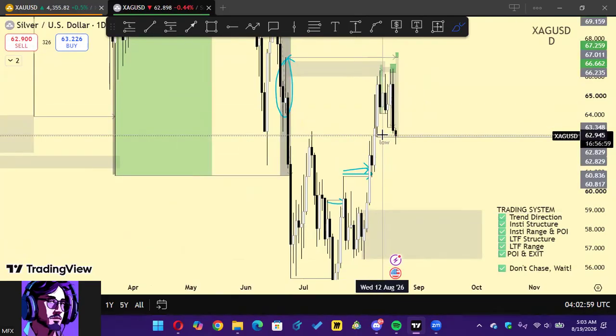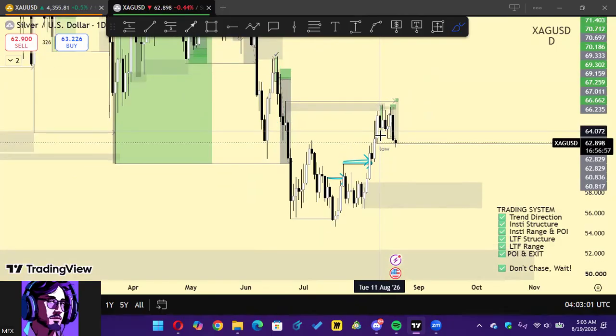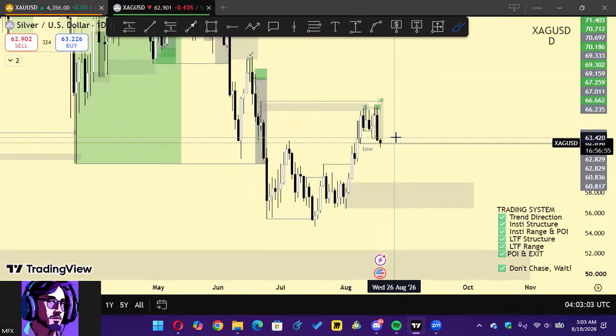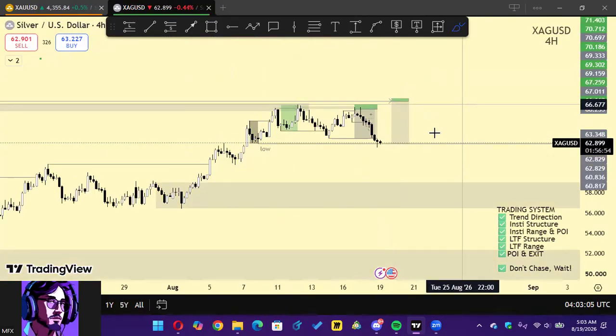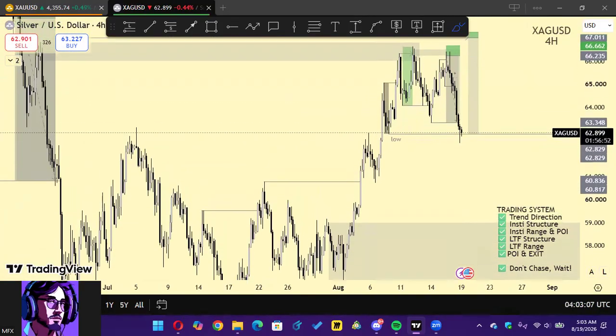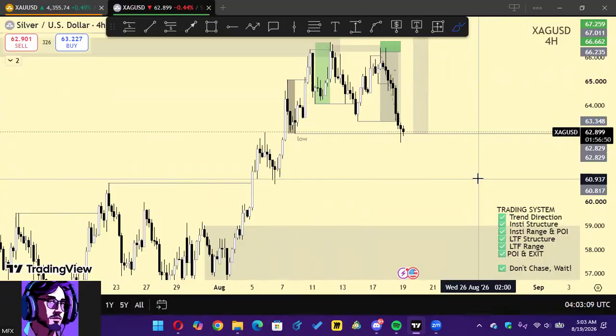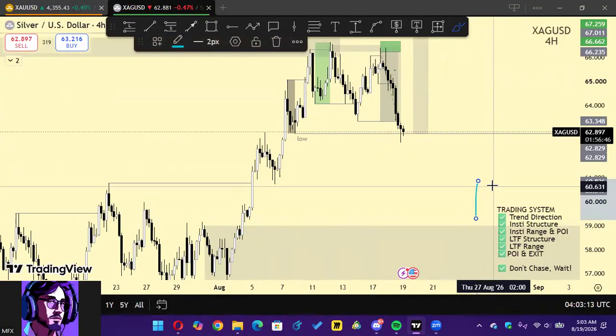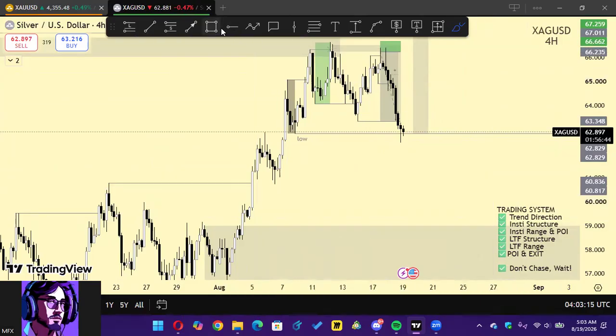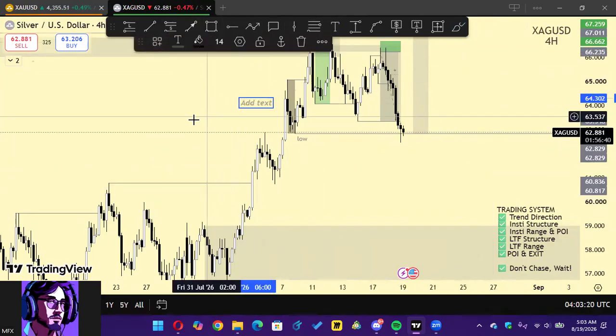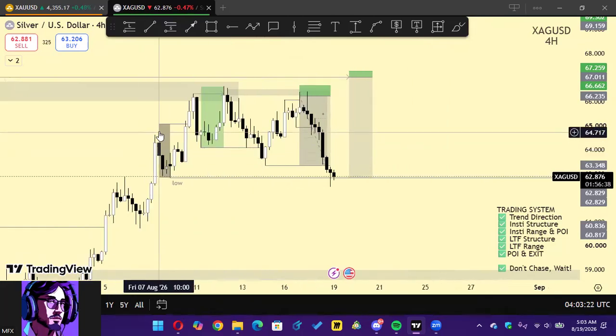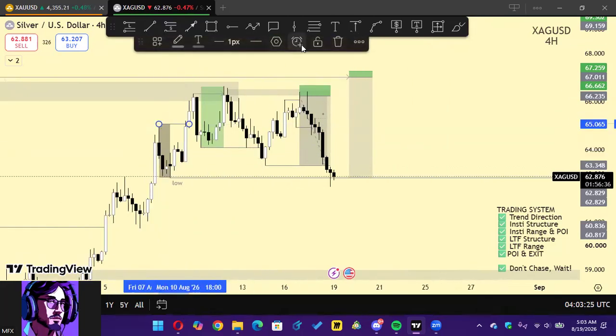So for me, let me call this out. It's a little bit similar to what XAU is doing currently, which is the fact that this was a protected low, which was last week's break.